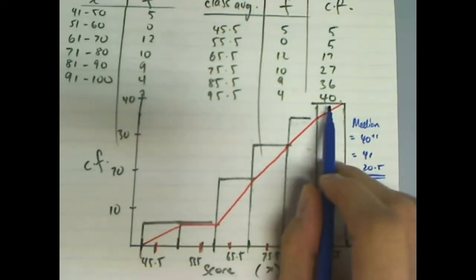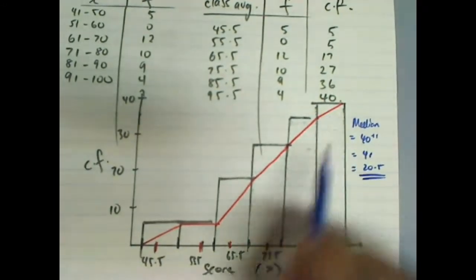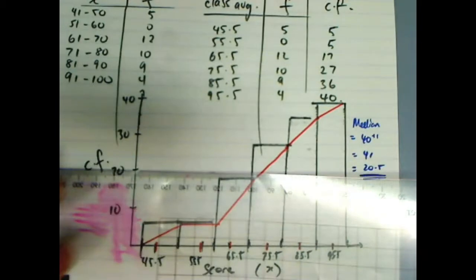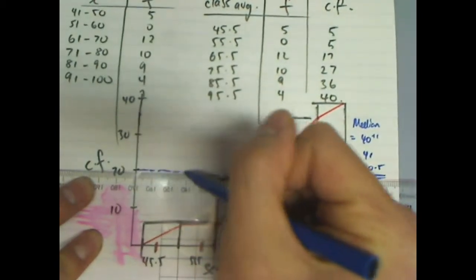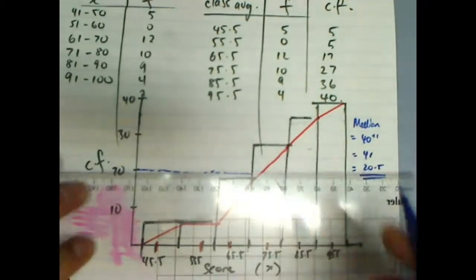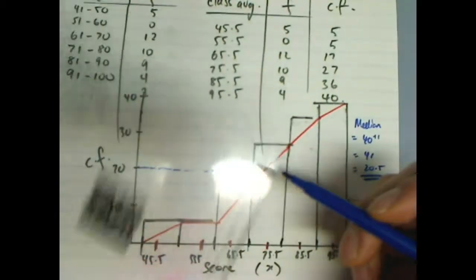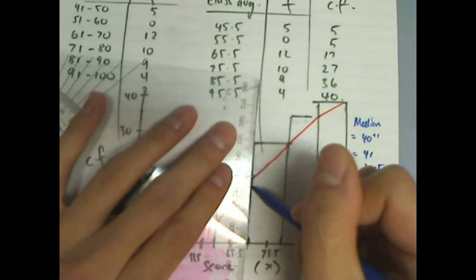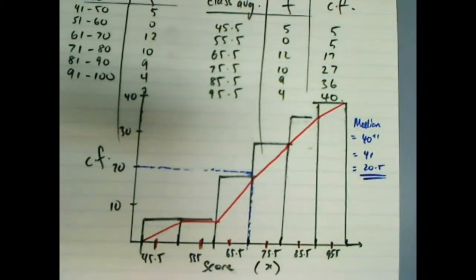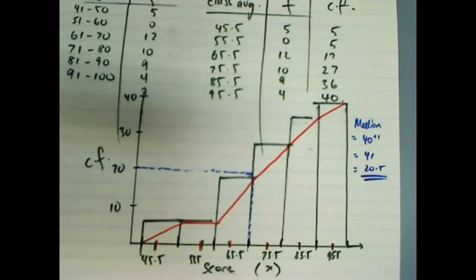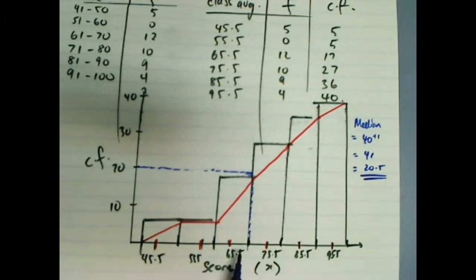If you figure it as 40 divided by 2, that gives you 20 straight away. You can actually go from the left at 20, mark it across, and you'll get stuck in between two values. Agreed? We get stuck in two values. So now I'm in between 65.5 and 75.5.